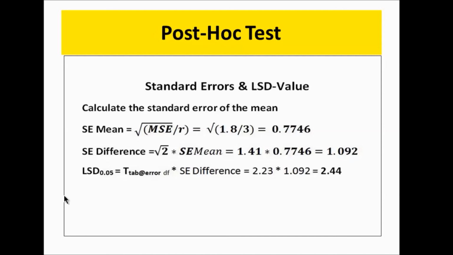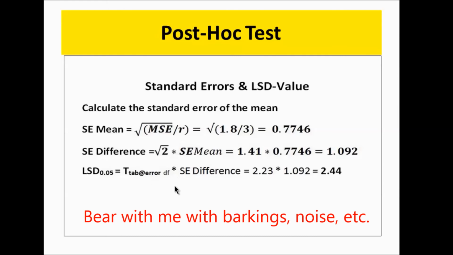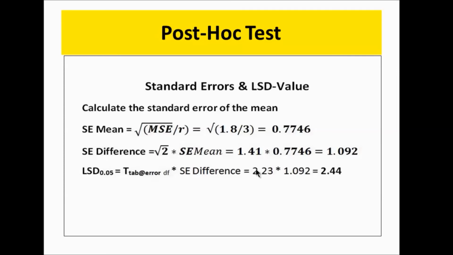To find the LSD value at 0.05 significance, we will look for the t value in the t table at the degrees of freedom of the error, multiplied by this number here. So we obtain 2.23.